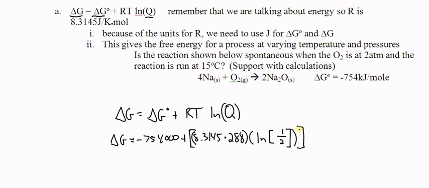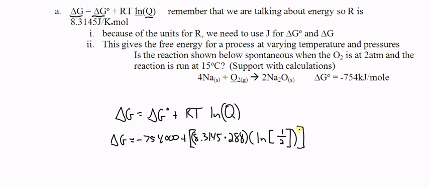So we've got a fair amount of information going on here. Let's take a look. We've got negative 754,000 plus the quantity. I'm going to use double parentheses: 8.3145 times 288. Close that one down. Open up a fresh set of parentheses. We're looking for the natural log of 1 divided by 2.